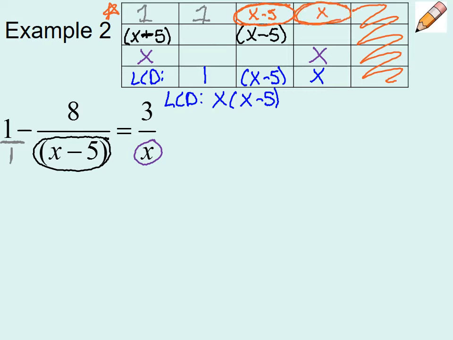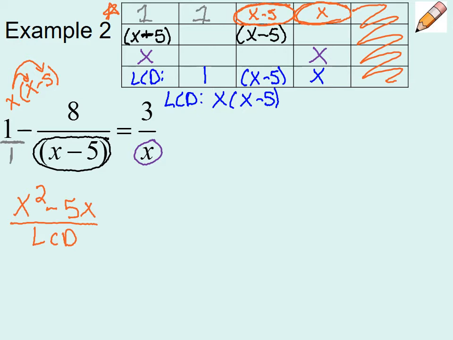So I need to multiply my 1 by both of these. So I'm going to take it times x and times x minus 5. Well, 1 times x is just 1x, so I'm going to distribute this. I'm going to get x squared minus 5x all over my LCD.